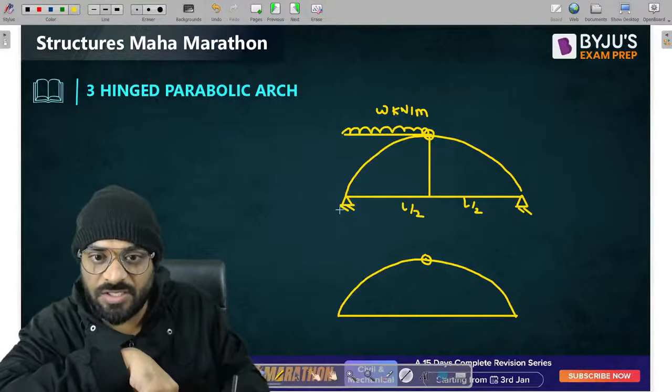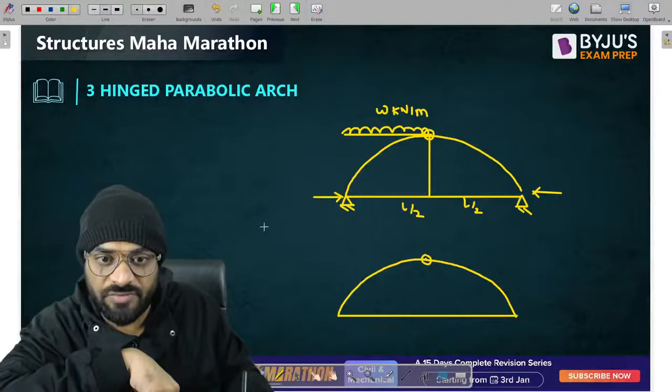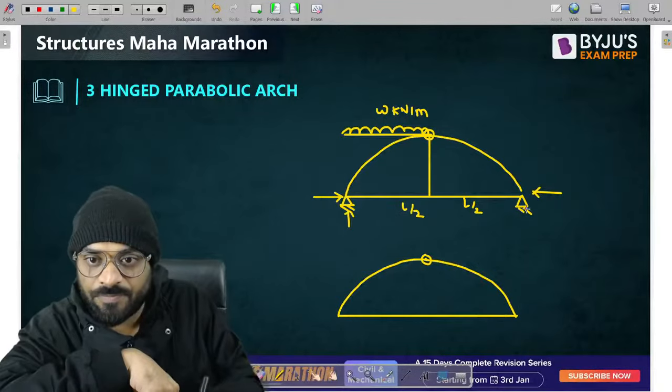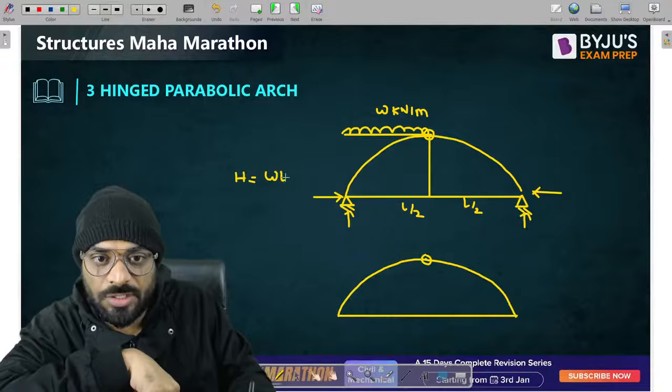In such a condition, what is the horizontal thrust? It should be half of the previous value. That means H is equal to WL square by 16H.